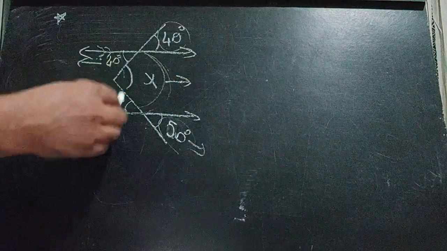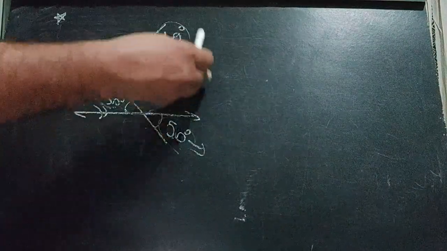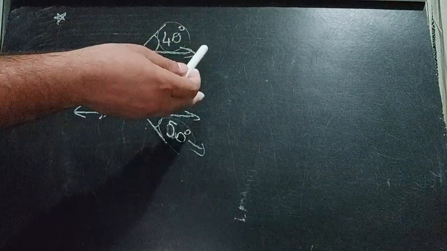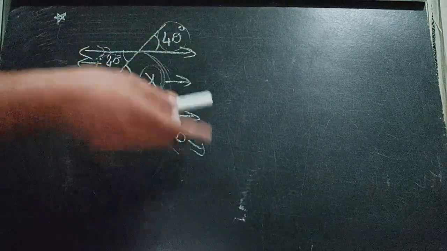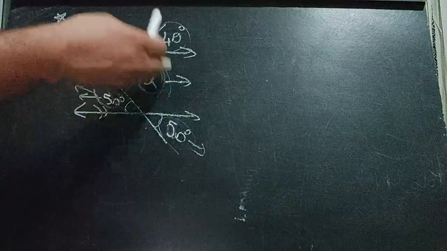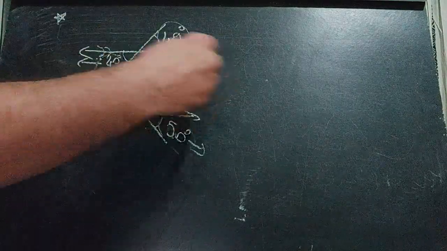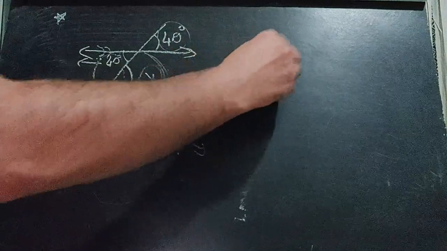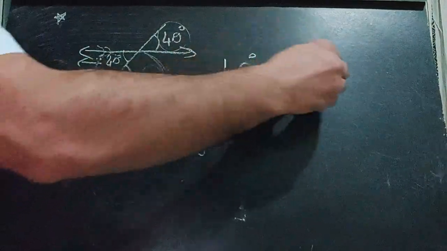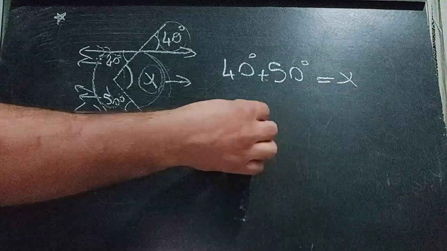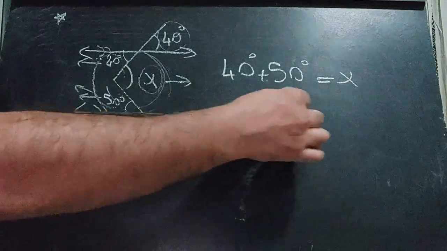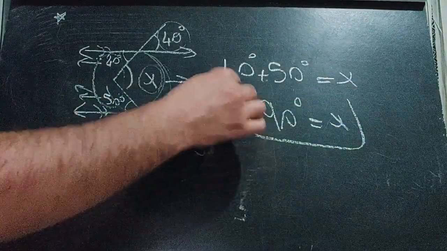So the sum of those angles and the sum of those angles, any angles we have there, the same. I have just one angle. Remember, I showed you in one shape there were a few angles for both sides. So that will be 40 plus 50 degrees equals X. X will be 90 degrees.